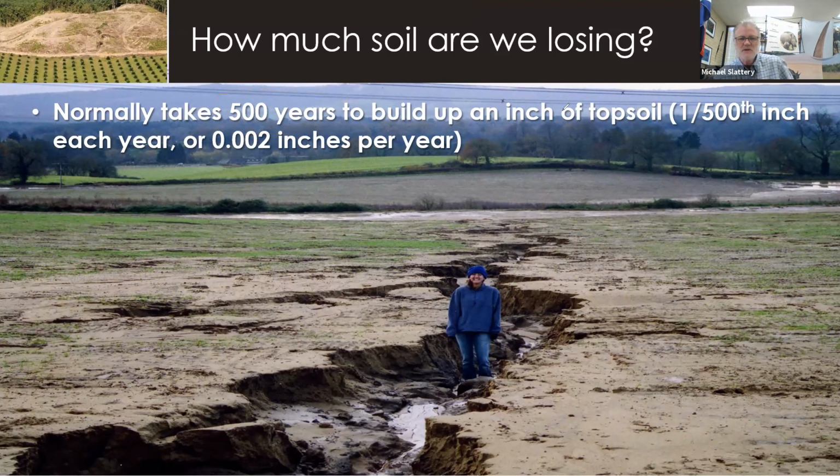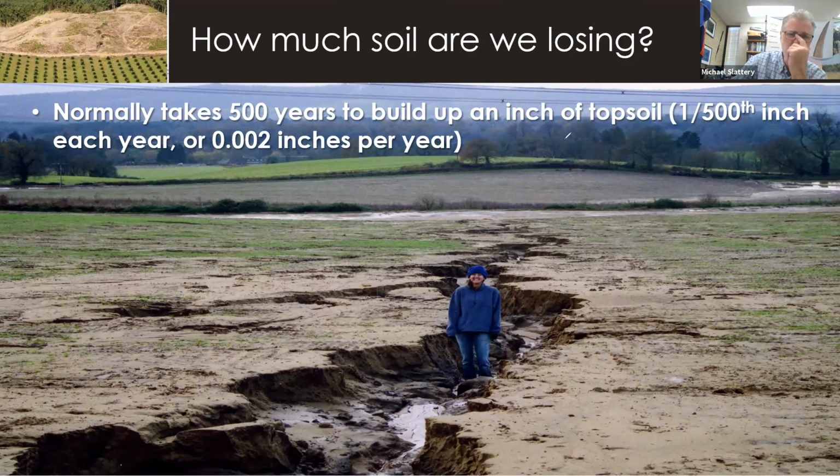Some parts, soil formation is very slow. If you're in the desert Southwest and you don't have much rainfall or nutrient cycling, and your parent materials are perhaps thin, it may take much longer to build up an inch of topsoil. If you're in an area with optimal climate and lots of infiltration, it may take less time.